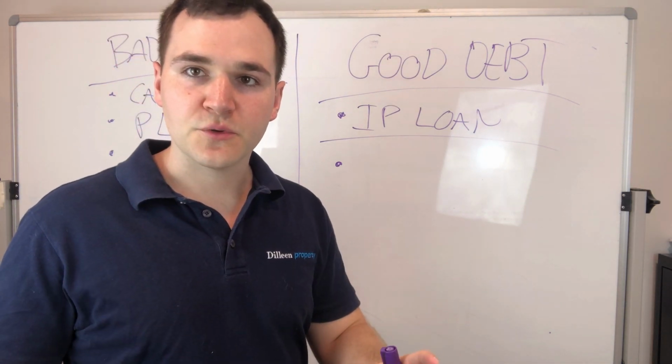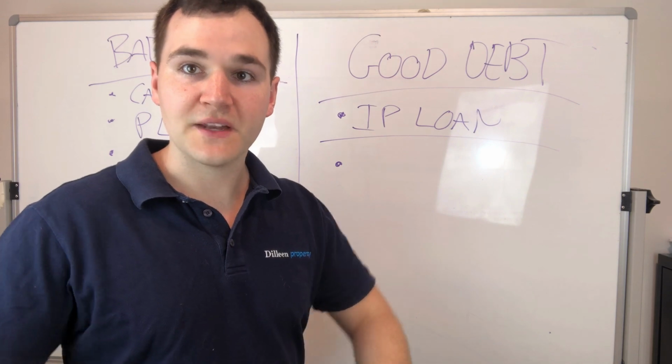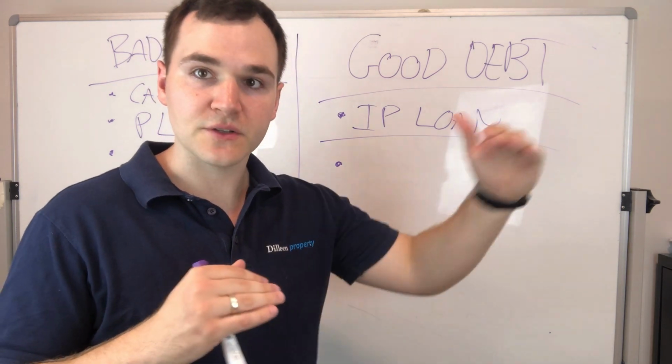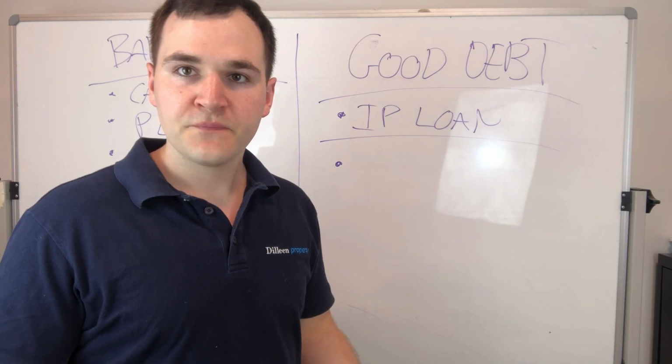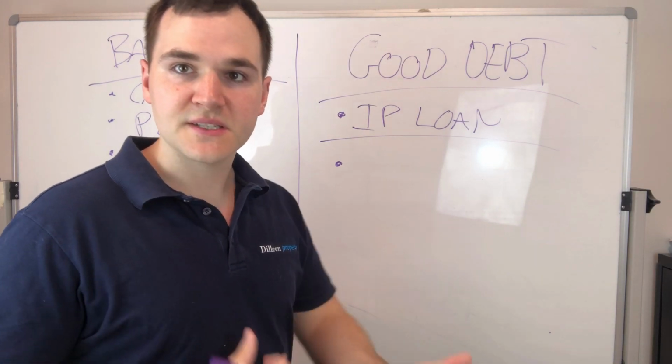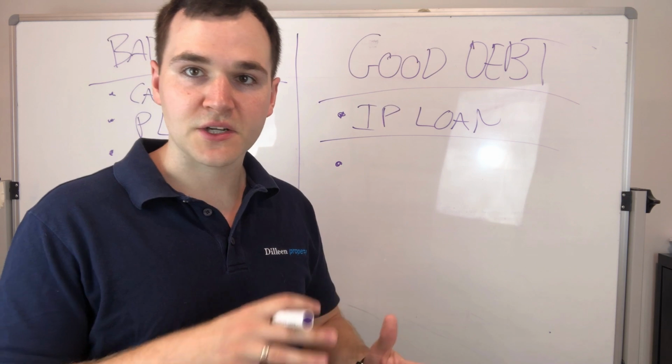If you think about it in general, all the businesses in the world that make money and scale and get bigger and bigger and bigger, they use debt to their advantage. So I try to think like a business and have my own personal finances kind of like a business as well.